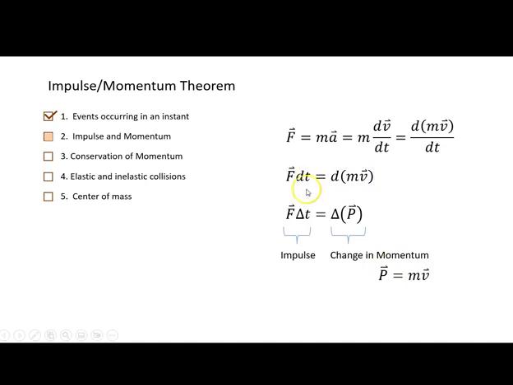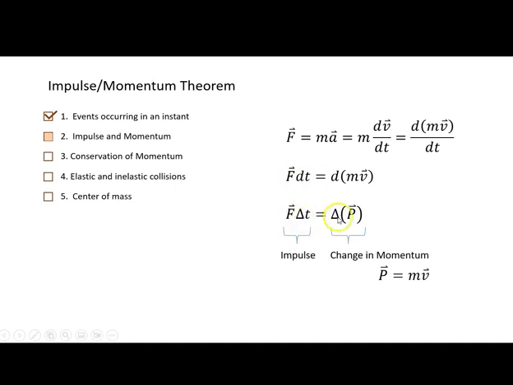Now, for not an infinitesimal, but for a finite but very small time, like think of a collision or explosion, the time could be a fraction of a second. We'll just replace the infinitesimals with finite changes. And in that case, the force then is like an average force over that time.